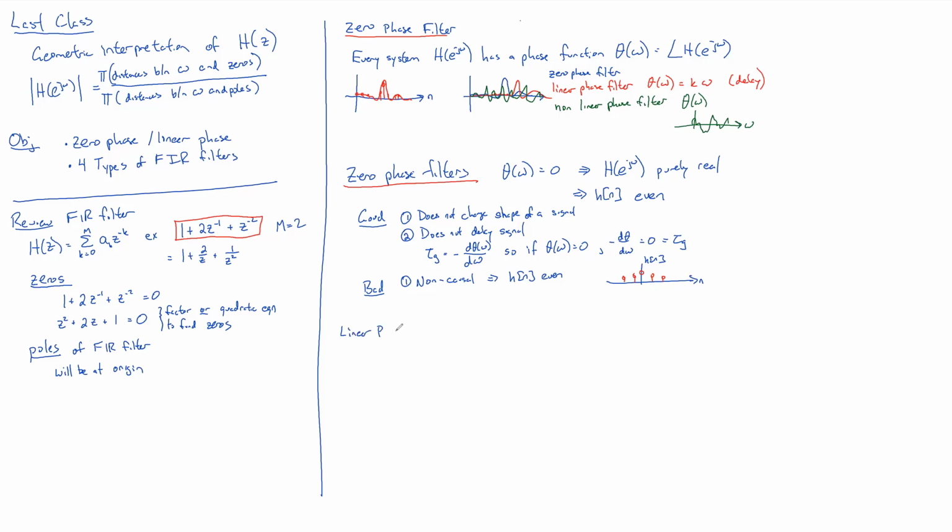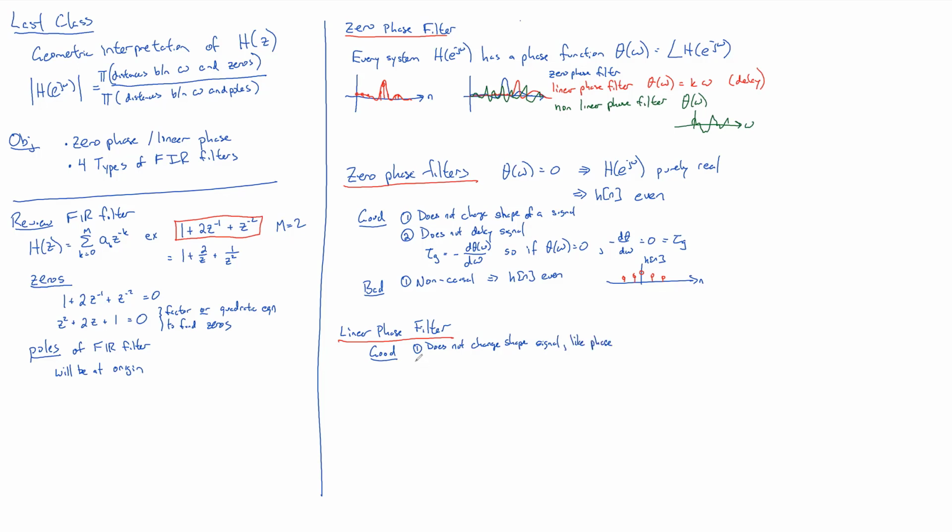Linear phase filter. To make a linear phase filter, we're just going to delay our zero phase filter. Its good part is that it does not change the shape of a signal, just like zero phase.